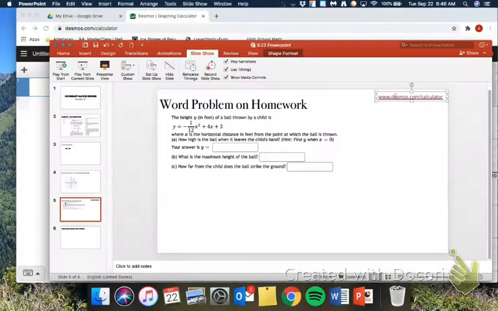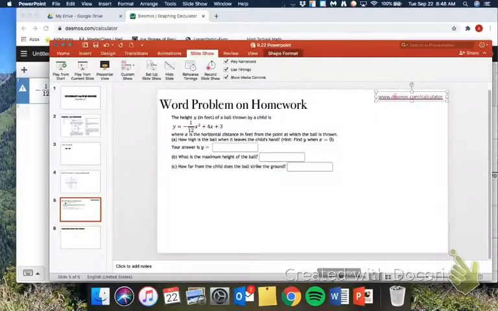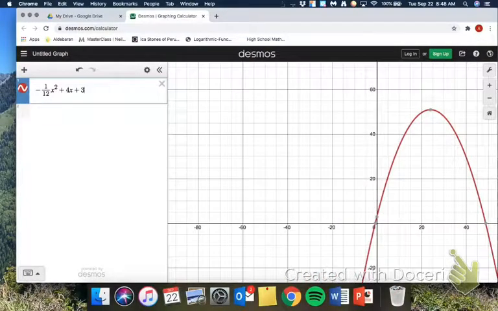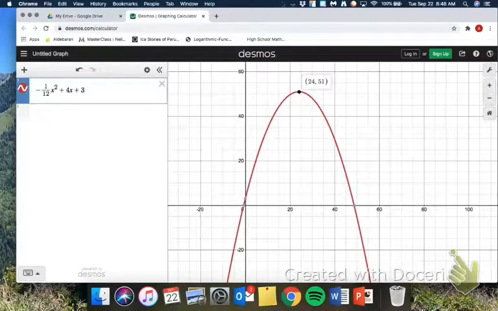The function we were looking at is -1/12 x squared plus, I think it was 4x plus 3. Then you can just zoom out on this, and it will tell you that this max point right there is (24, 51). So that means the highest the ball reaches is 51 feet. And where it crosses the x-axis is 48.735.